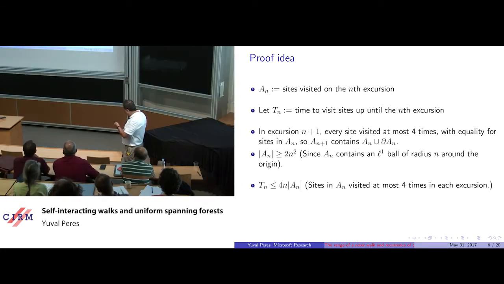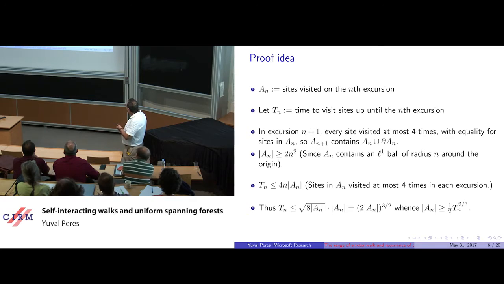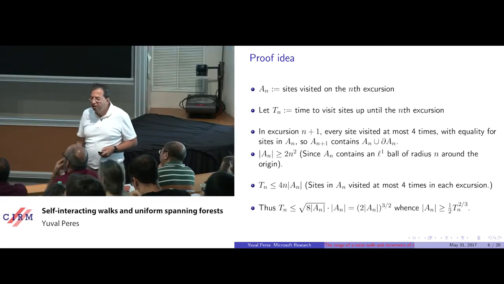So T_n is at most 4n A_n, and now 4n is at most root of 8A_n. You see that from here. So it means we got T_n is bounded by 2A_n to the 3/2, so A_n is at least T_n to the 2/3. Okay, so this is just combinatorics.